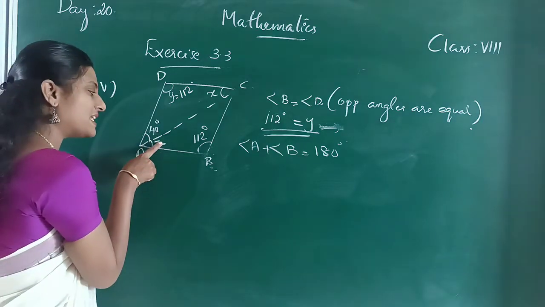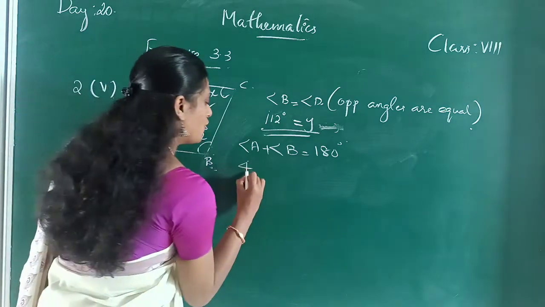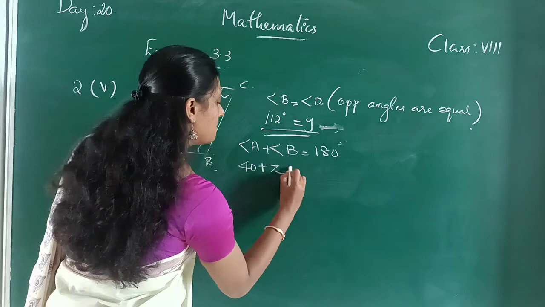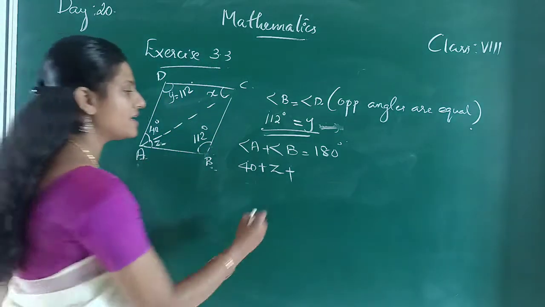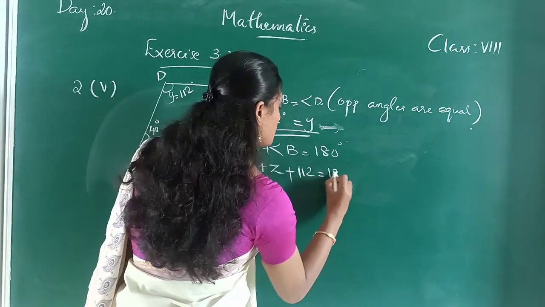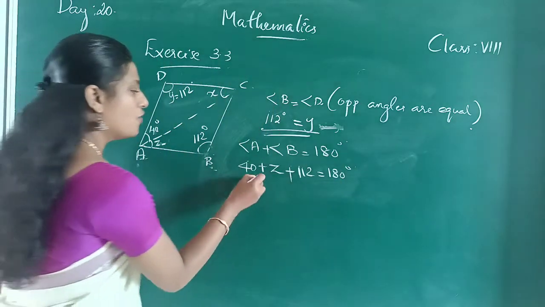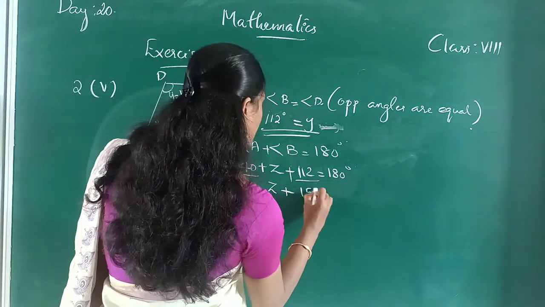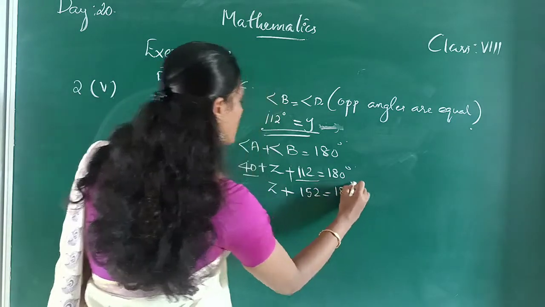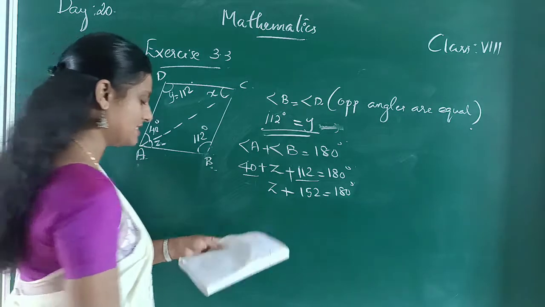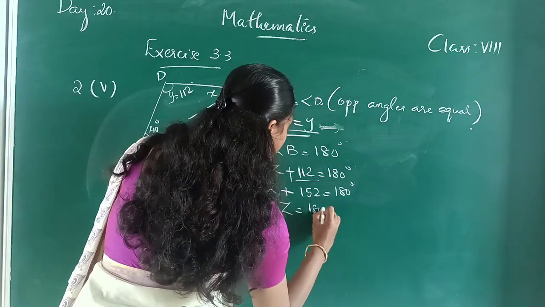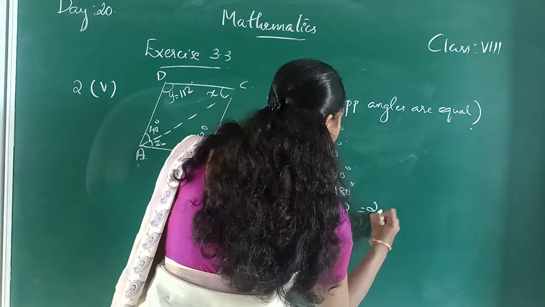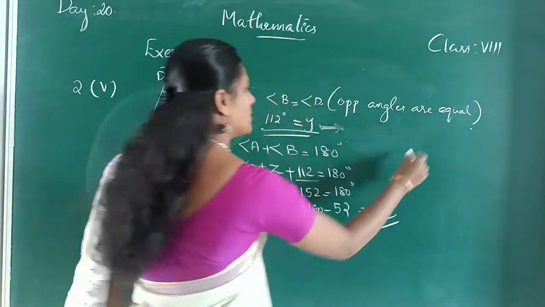That means 40 plus Z is angle A. So 40 plus Z plus what is angle B? 112 is equal to 180 degree. 40 plus 112 that is Z plus 152 is equal to 180 degree. That is Z is equal to 180 minus 152. Answer is 28 degree.